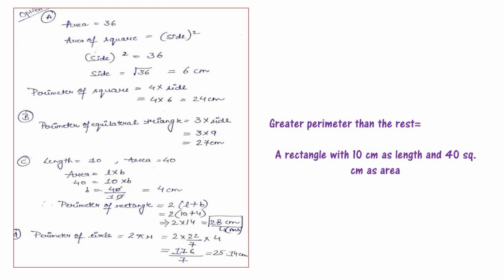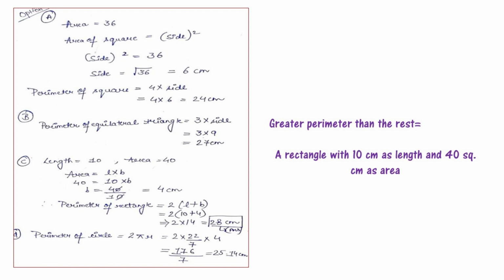Now we will find out the area, that is length into breadth. Now we will put the values here. Area 40 is equals to 10 into B. That will come, B is equals to 40 divided by 10, that is 4 centimeter. Now comes the perimeter of rectangle, that is 2 into L plus B, that will be 2 into 10 plus 4, that will come 2 into 14 is equals to 28 centimeter.